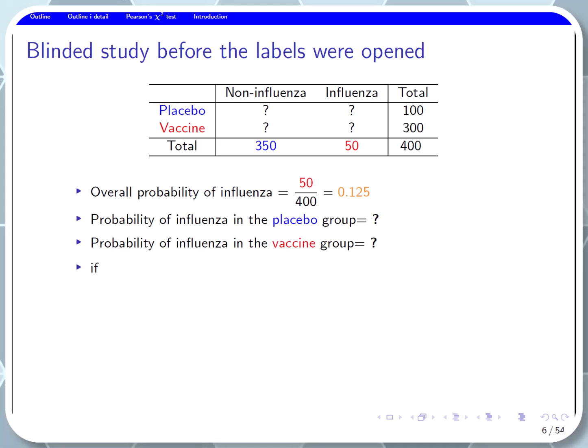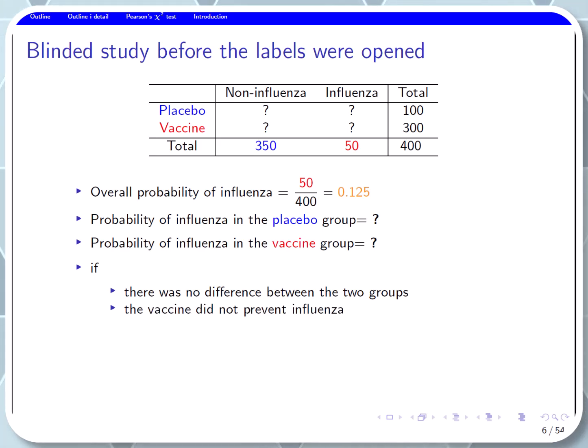If there's no difference between the groups, if the vaccine did not prevent influenza, if the two groups were independent. In this presentation, the above three statements convey the same meaning, therefore will be used interchangeably.